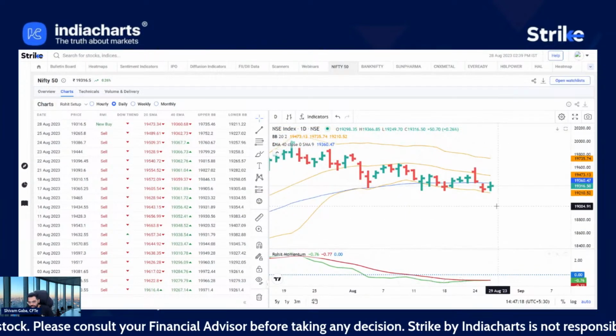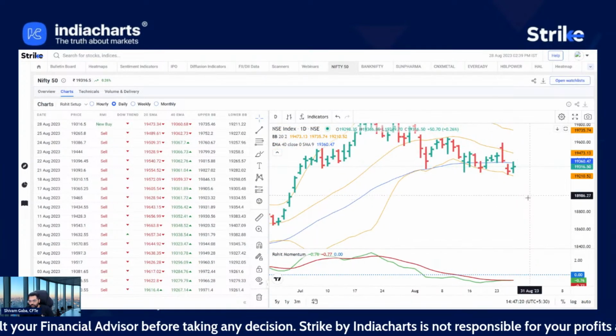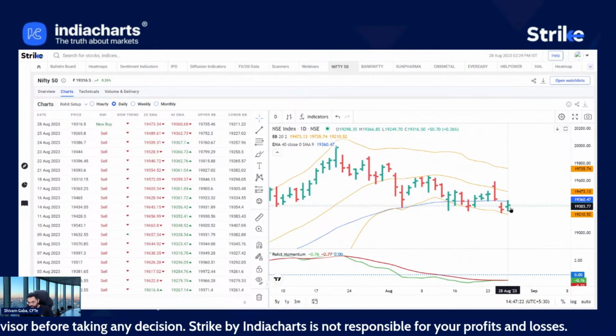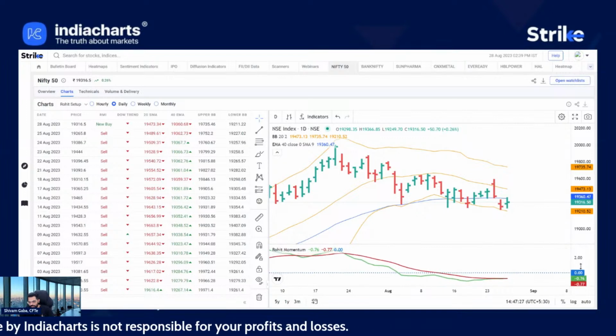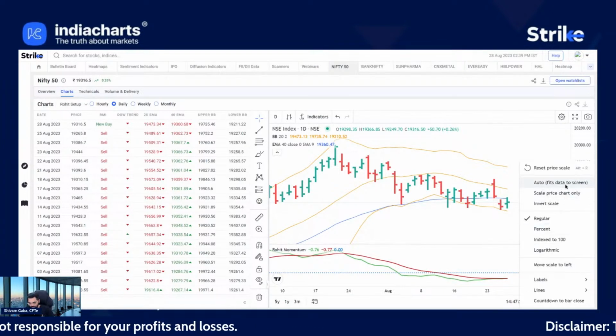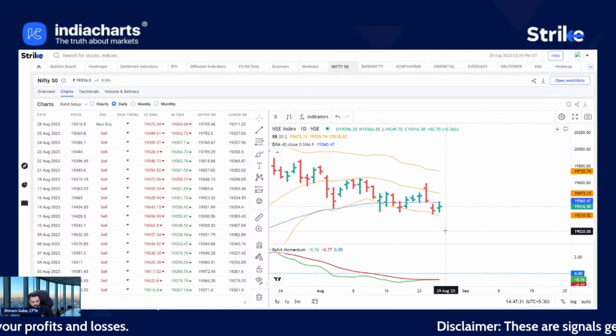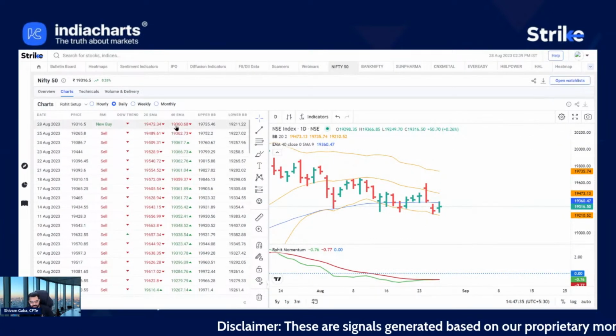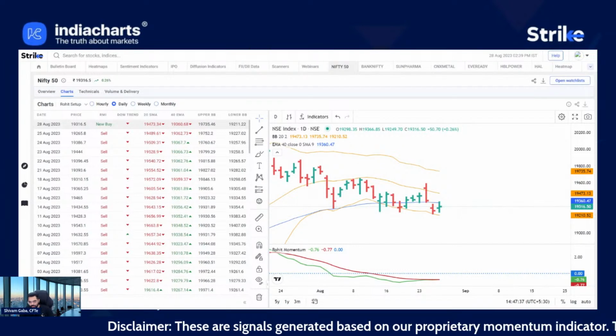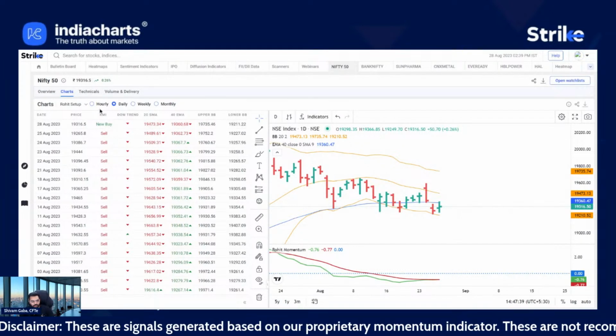So if prices hold these gains towards the end of the day, this signal will get confirmed that the RMI is going into bullish territory. So that is interesting. And if it closes above the 40-day EMA, which is 19,360, that would add even more evidence to this particular chart.